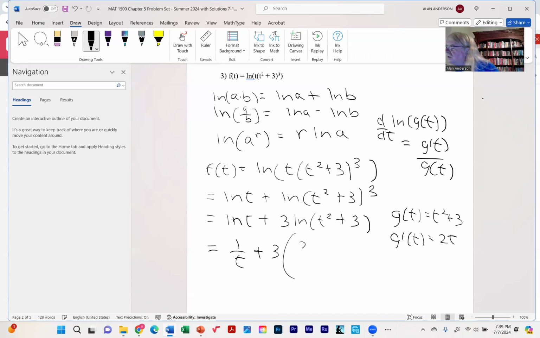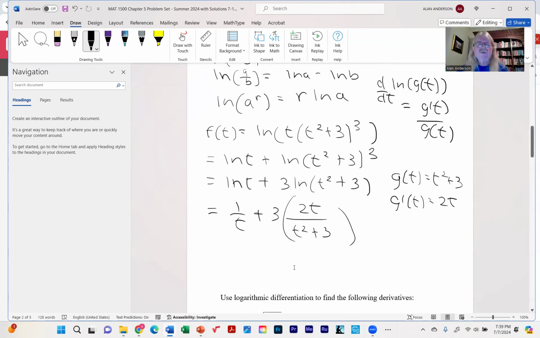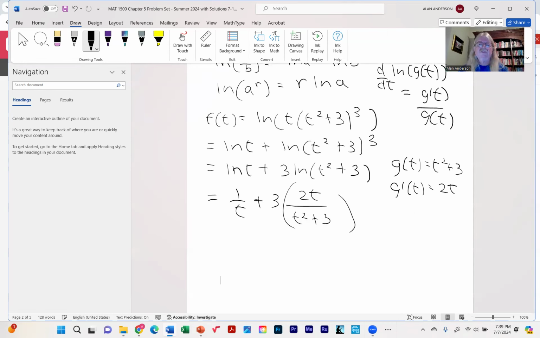So here I'll have 2t over t squared plus 3. And of course, we can just multiply the 3 by that entire expression. And so we ultimately end up with 1 over t plus 6t over t squared plus 3.